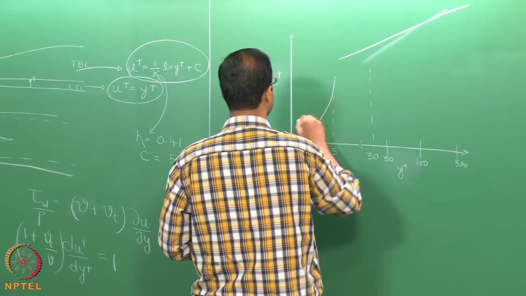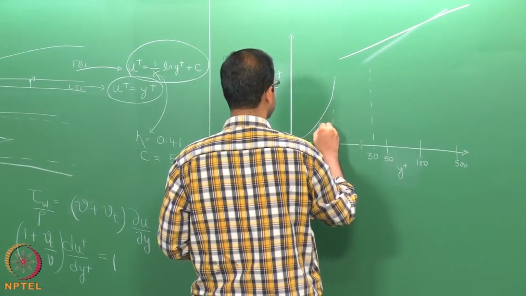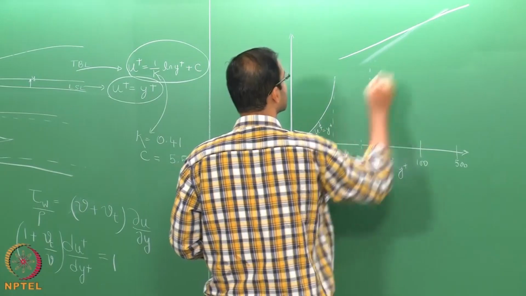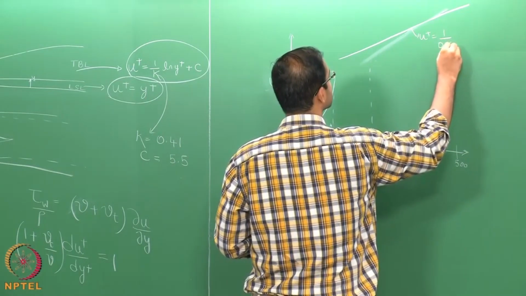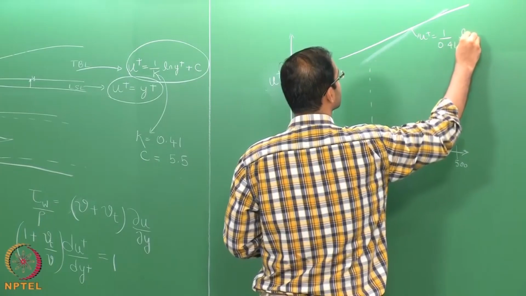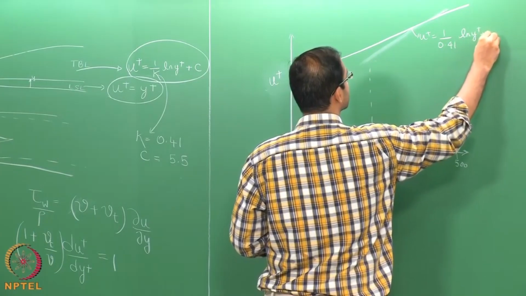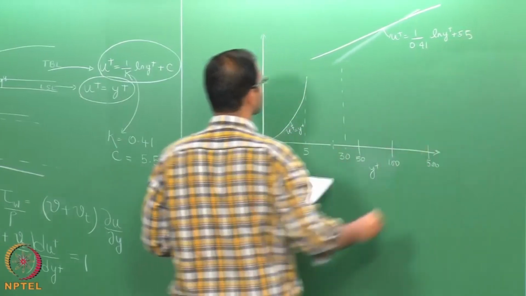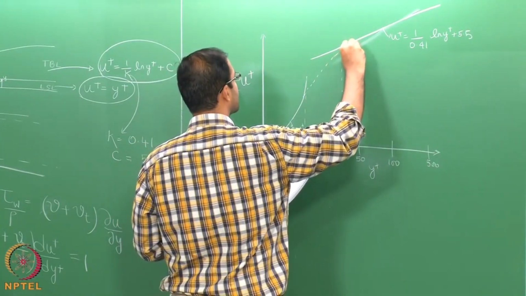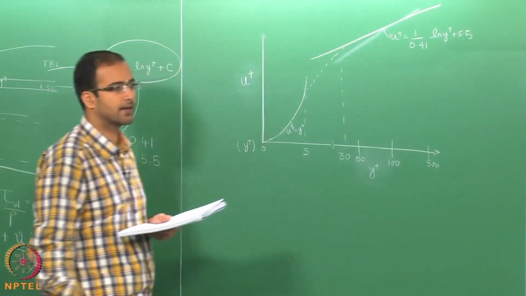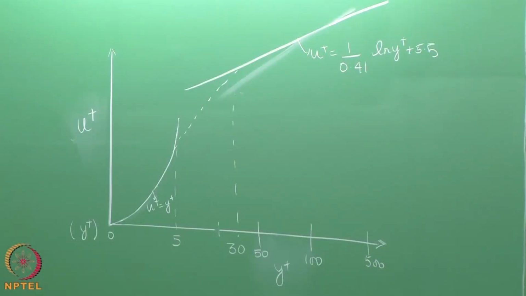So this is your u plus is equal to y plus, this is your u plus is equal to 1 by 0.41 ln of y plus plus 5.5. Okay. Now, in order to patch this to this, von Karman introduced another intermediate layer, a buffer layer.